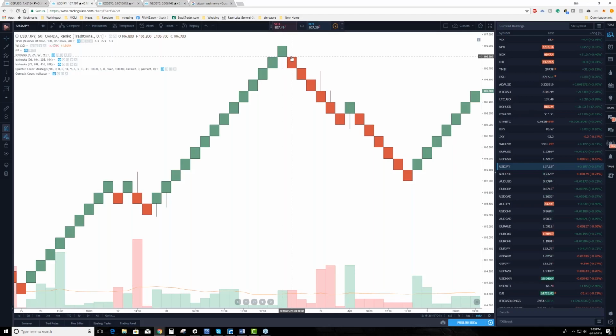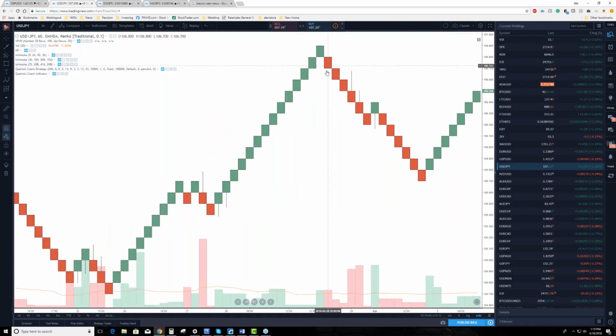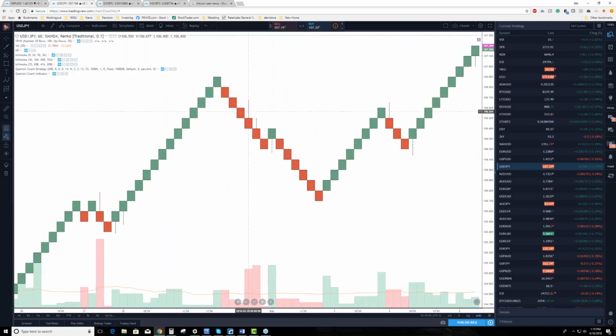That means price moved from 106.90 down to 106.80, and then it had to move another 10 pips down to complete this brick. So a lot of people think, well, this only moved down 10 pips. No, it didn't. It moved down 20 pips. So if it moves down 10, and then moves down another 10 to form this red brick, that's a very good sign that you will have a continuation of that move, okay?